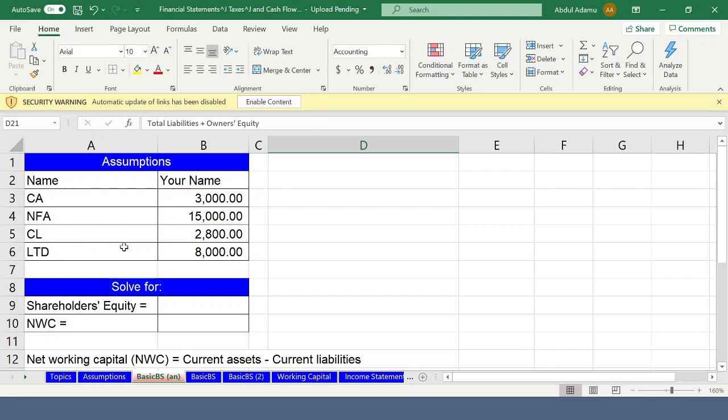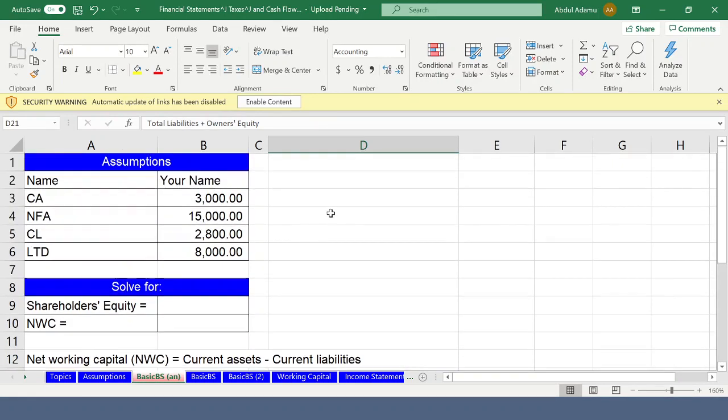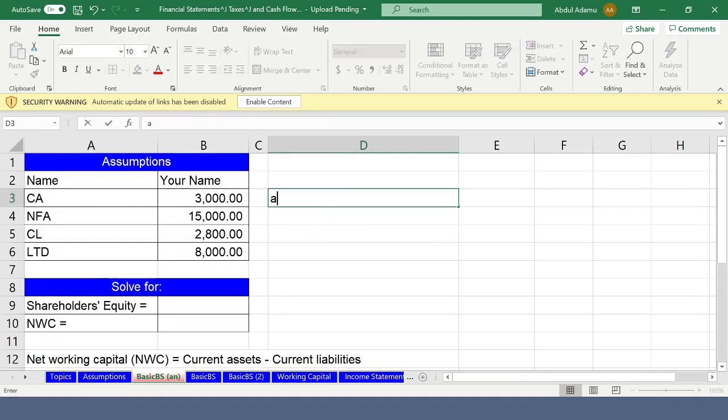So to calculate our shareholders equity, if we can remember our accounting equation, which says asset equals liability plus equity.